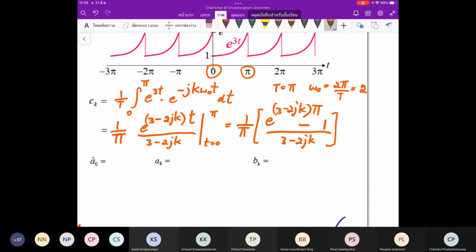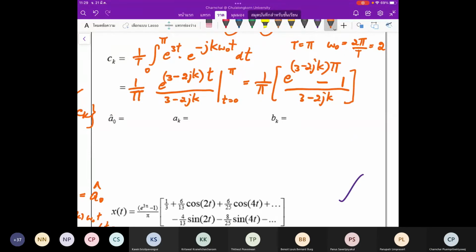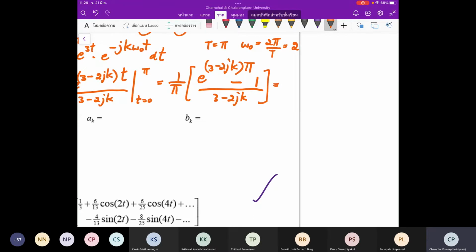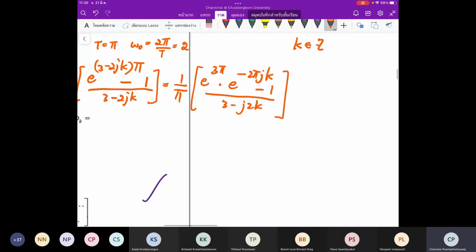How can we find a0 hat, ak, and bk? We got 1 over pi times e to the 3 pi times e to the negative 2 pi jk, minus 1, over 3 minus j2k. Now e to the 3 pi is just a number, but remember k is an integer.